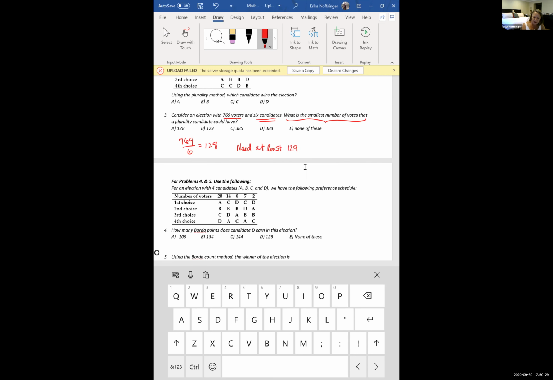There's no other way that they can split it up where somebody could win with less than 129 votes. So you just pretty much divide and then just go up one? Yep, exactly.